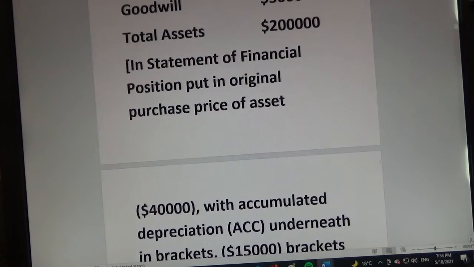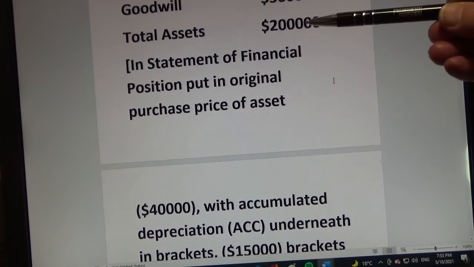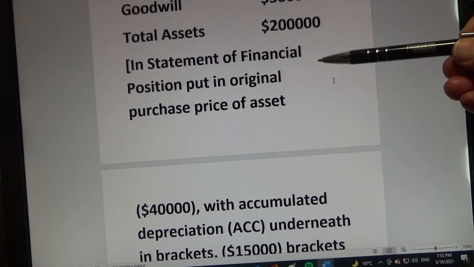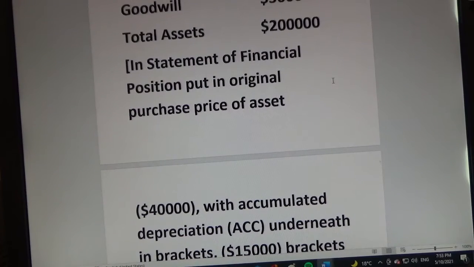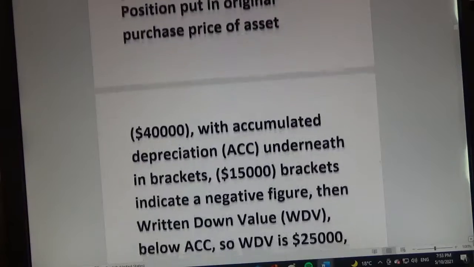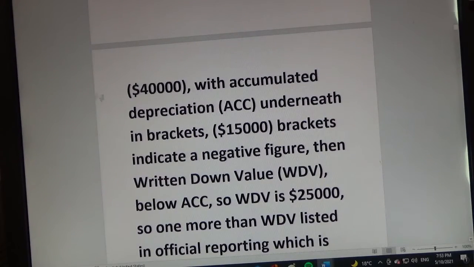If it's a statement of financial position, don't forget to list assets such as motor vehicles with the format of original purchase price less accumulated depreciation, which gives the written down value for that point in time. An example would be the car was originally $40,000 with accumulated depreciation underneath in brackets of $15,000.